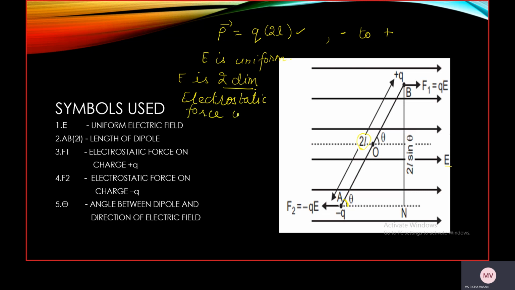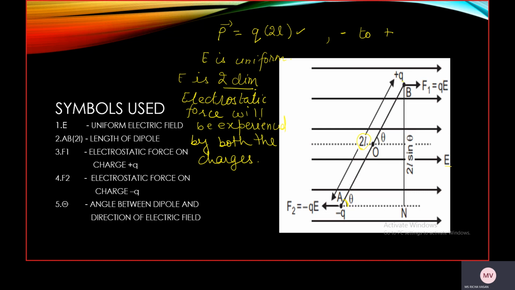This force will be experienced by both the charges. Now, what will be the direction of this electrostatic force and what will be its magnitude? Let's discuss that. So first of all, let us take charge plus q.